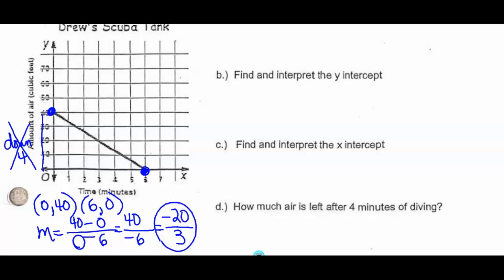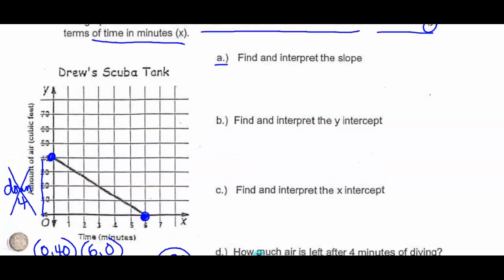So, when it says find the slope, I'm going to put negative 20 over 3. It's negative, so something's going down, and this is talking about Drew's scuba tank air.